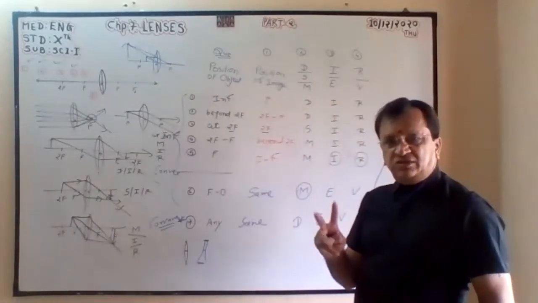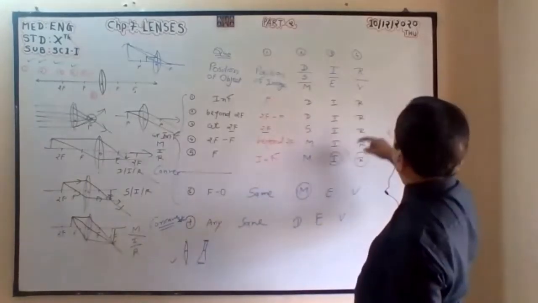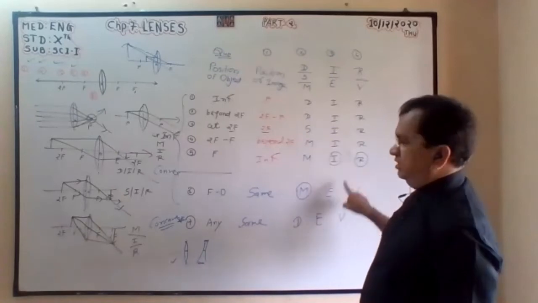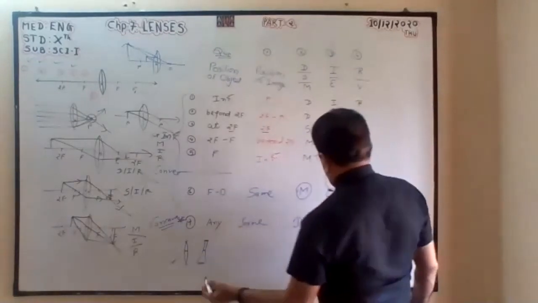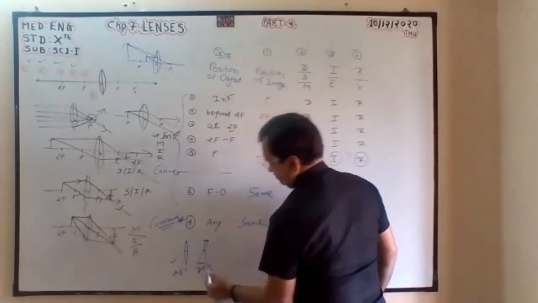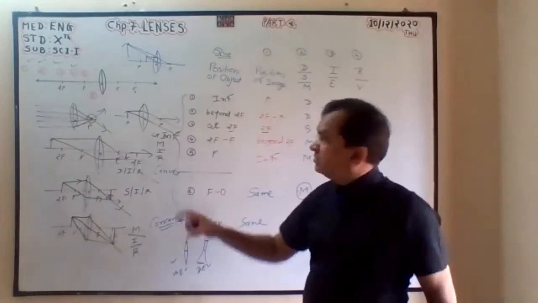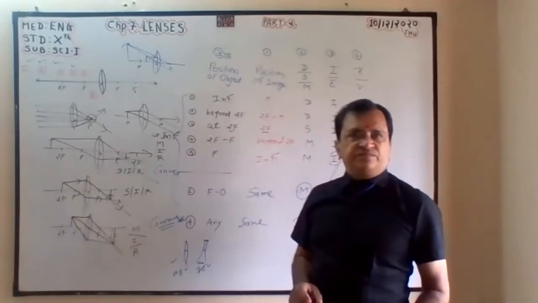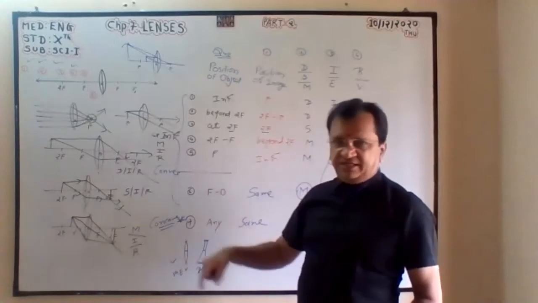Third distinguishing point: here you will get both types of image, inverted, real, virtual, erect, both. Here you can get MEV. Here you can get DEV. This is converging. This is diverging. So this power is positive, this power is negative. That is the next topic.